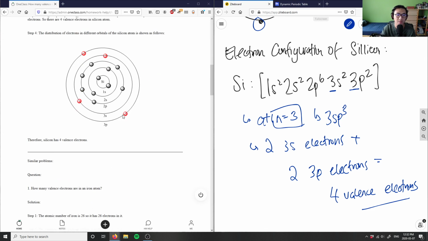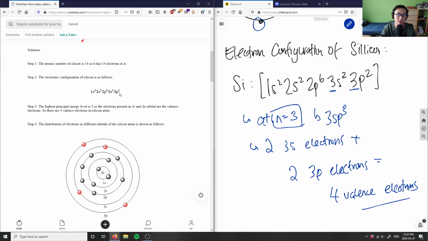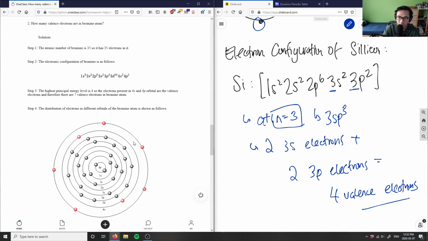So basically, it has 4 valence electrons. 1, 2, 3, 4. As you can see by the Bohr-Rutherford diagram, and by the electron configuration, the highest principal quantum number is 3. So I'm adding 2 plus 2, which is equal to 4. So the solution here is correct.